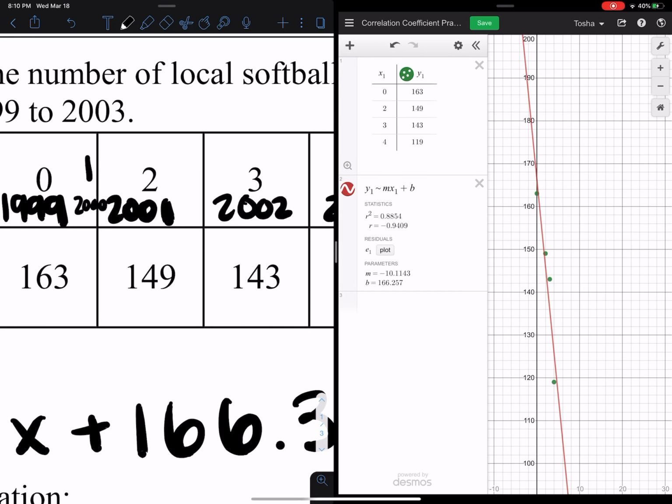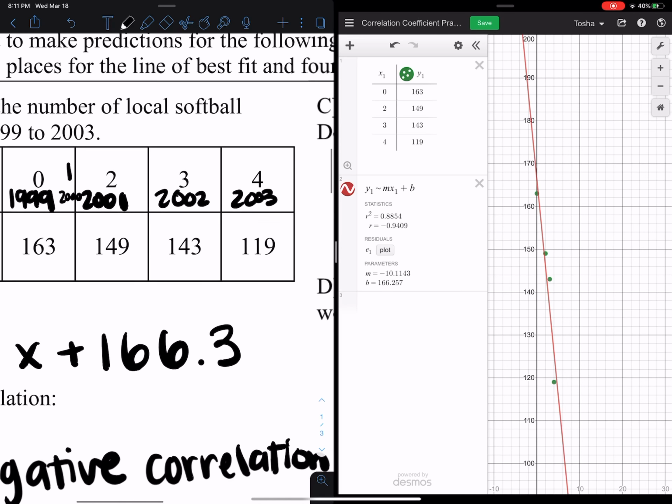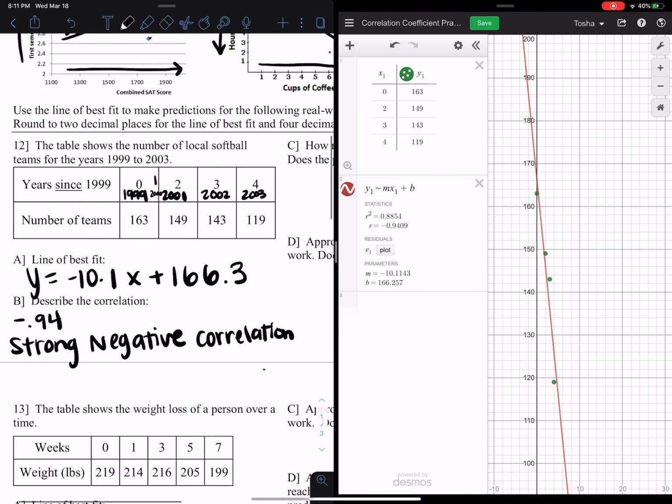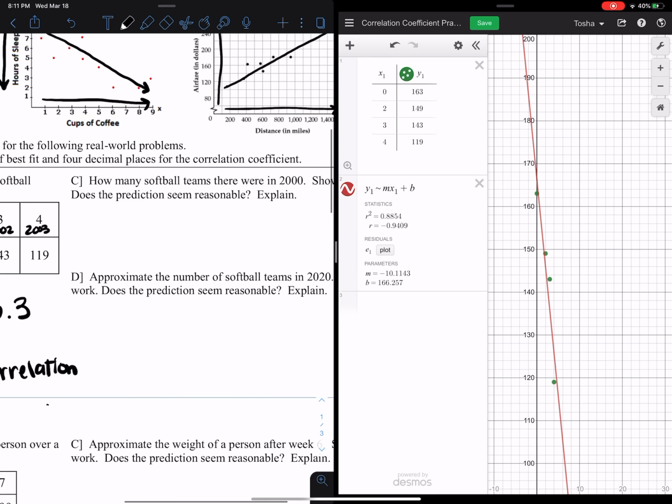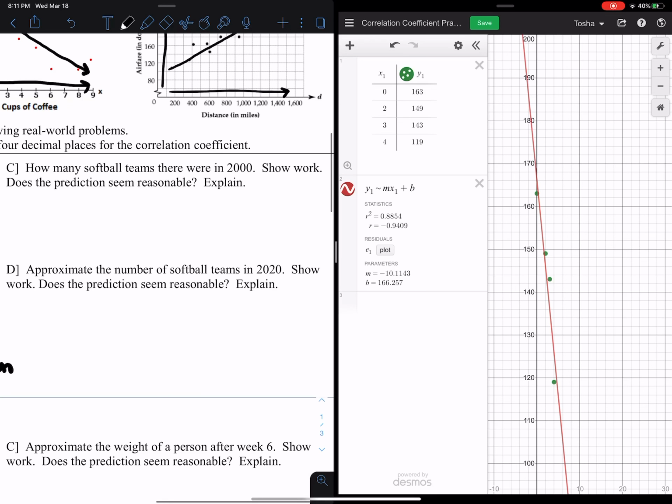We know that our x value has to be 1. And it also says years since 1999, so we know 2000 was 1 year since 1999. So we're going to plug in x equals 1. So we get y equals negative 10.1 times 1 plus 166.3.